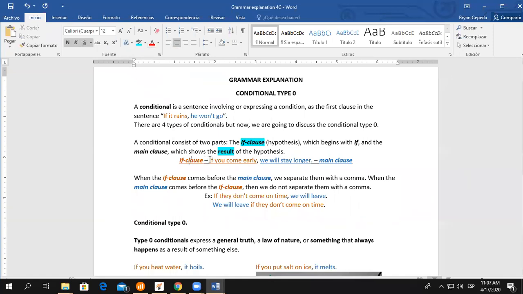So, example, if you come early, you will stay longer, like more time. What is that situation? Okay, imagine that you want to visit your girlfriend or your boyfriend, okay? But you can be at his house until 10 p.m. You cannot pass 10 p.m. there. So your girlfriend or your boyfriend tells you, if you come early, you will stay longer.